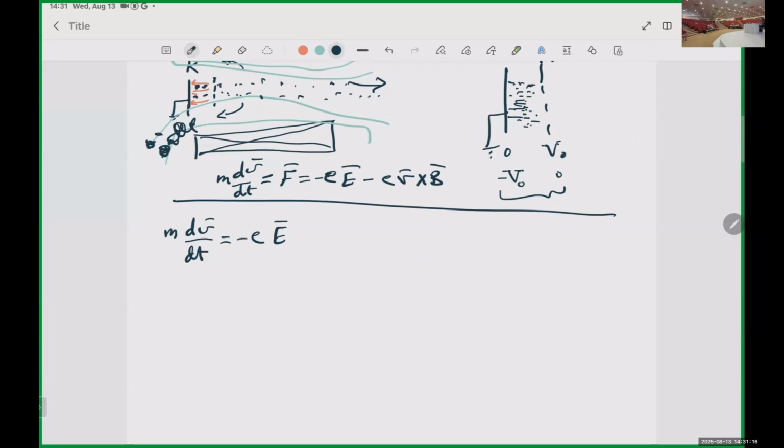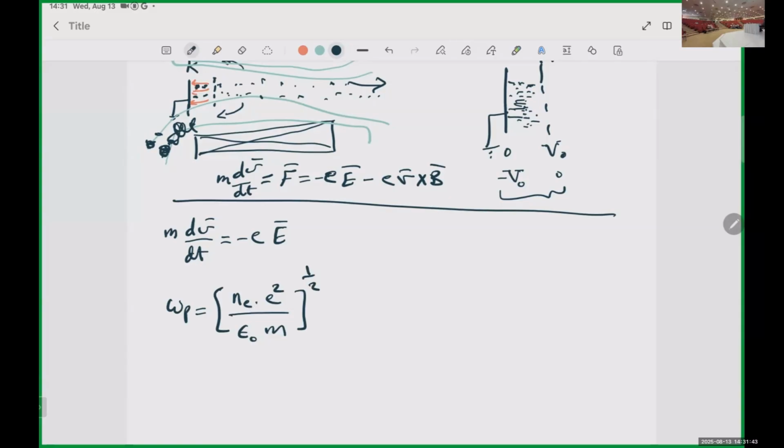And they're going to push each other. And once they push each other, they start oscillating. What's the name of this frequency of oscillation in this case? Plasma frequency, right? So it's basically the plasma frequency, which depends on the number of electrons, the electron charge, and the medium around it.